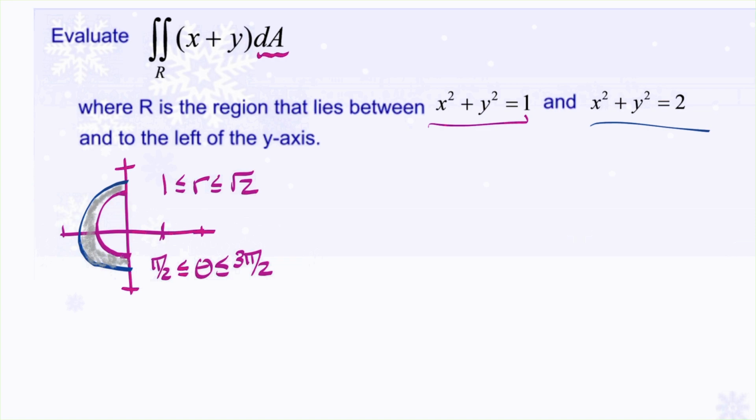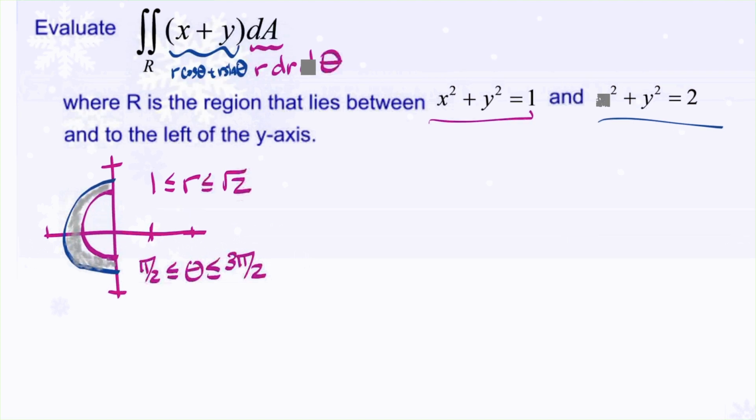Now we know dA is r dr d theta. We also know that x plus y is r cosine theta plus r sine theta. So I just wrote out that particular substitution there, going from Cartesian to polar coordinates. So I think we are ready. Let's do the thing.